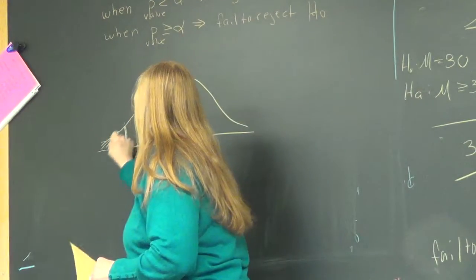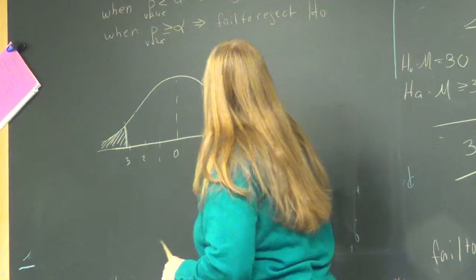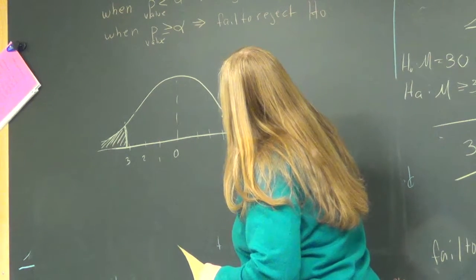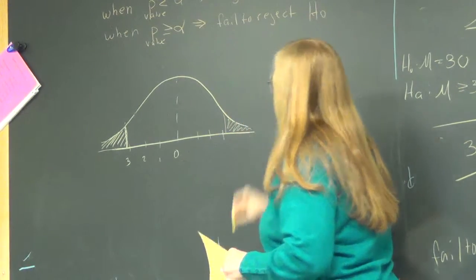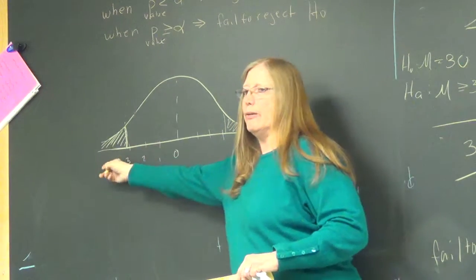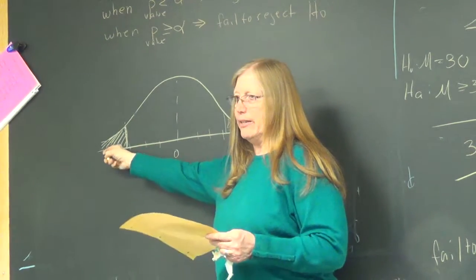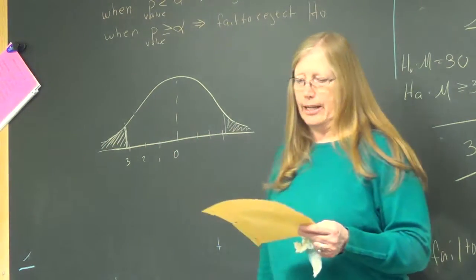So that would be this area down here and a symmetrical area up here. So 3.17 is all of this. Do you see how it would be two-tailed for that example? Not equals means you have one on one side and one on the other.